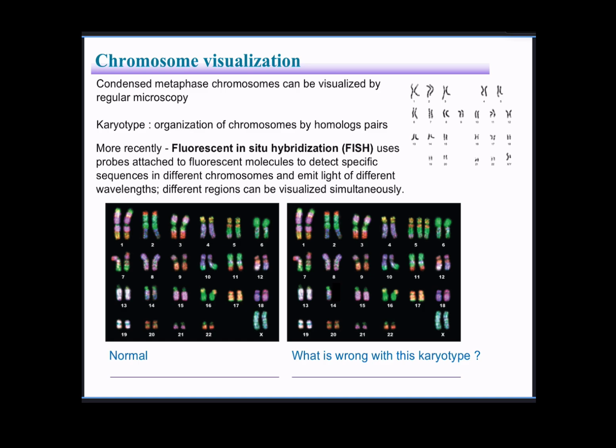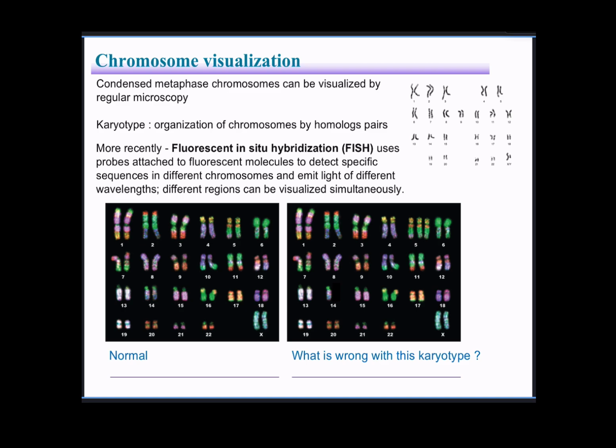More recently, things got technically a little fancier, and what people will do is a technique called fluorescent in situ hybridization, or FISH for short, by which you take the same chromosomes that normally you would see as dark structures against a bright background and incubate them with different molecular probes that will recognize different sequences that we know are associated to different regions of the different chromosomes in human cells.